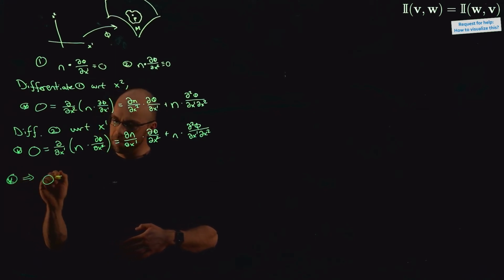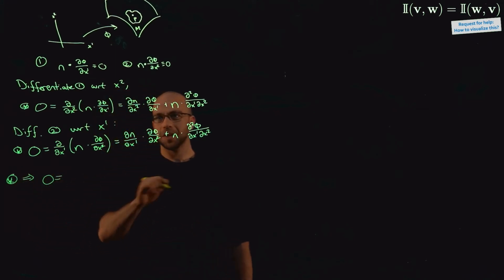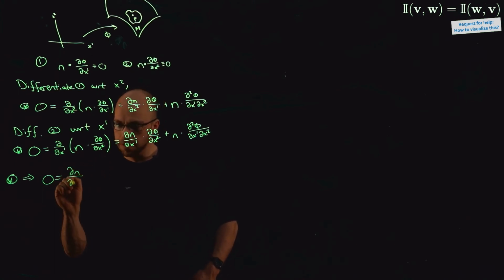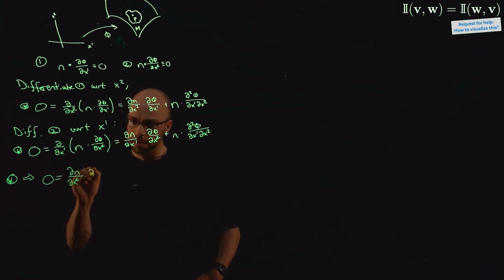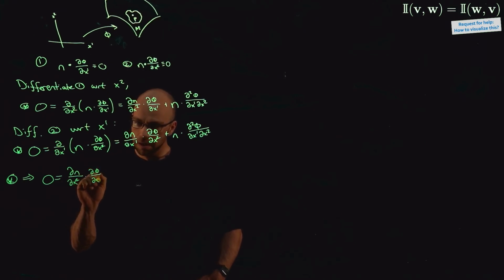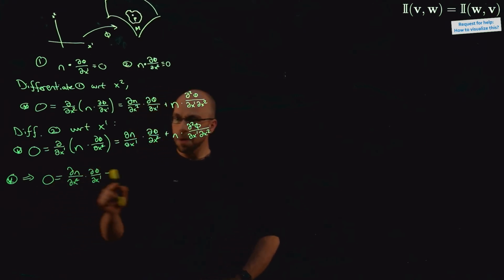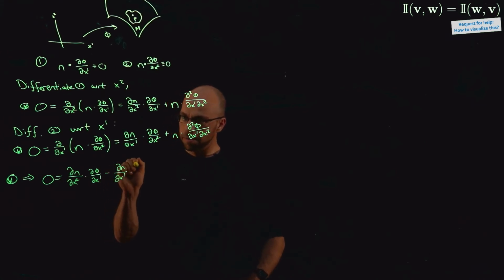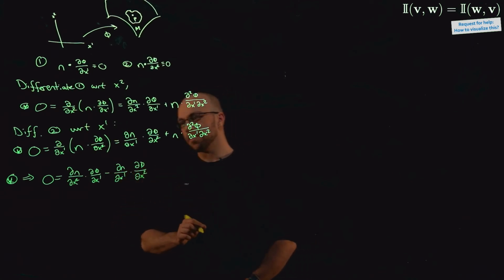we get by subtraction that dn dx2 dot d phi dx1 minus dn dx1 dot product d phi dx2, this difference is equal to 0.